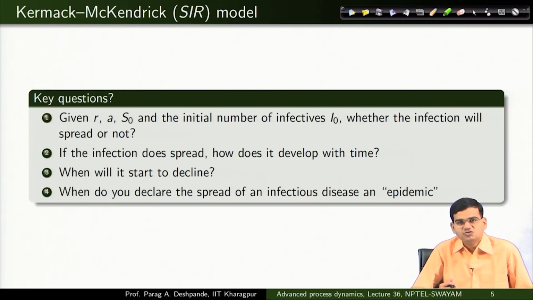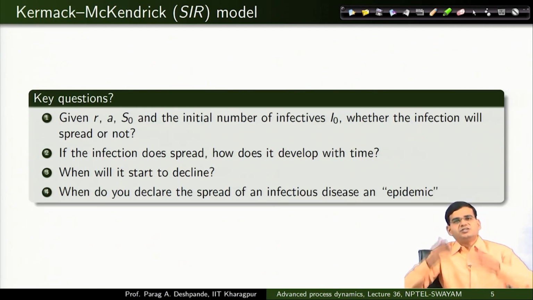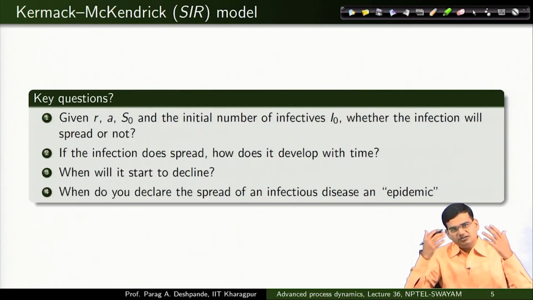The first question can be: given r, a, S 0, the removal rate, the infection rate and the initial number of susceptible members of the population, and you introduce some number of infected members into the population, whether the infection would spread or not. What is the guarantee that there would be an epidemic? What is the guarantee that the infection would spread? We need to know this.